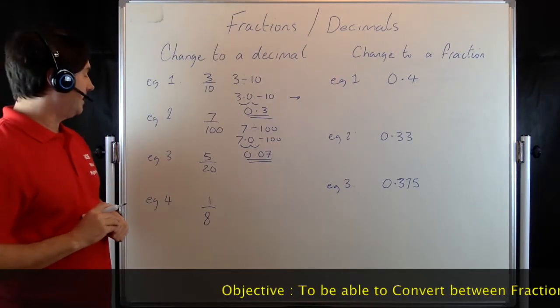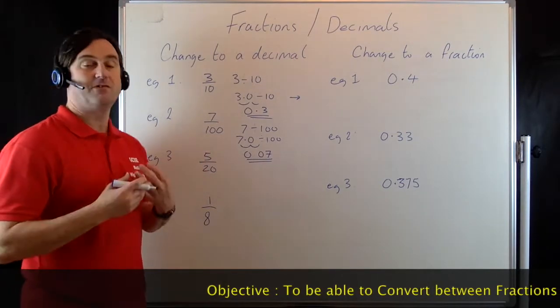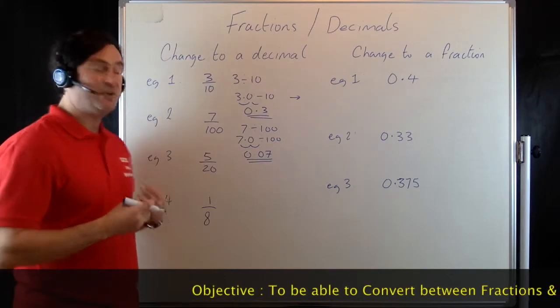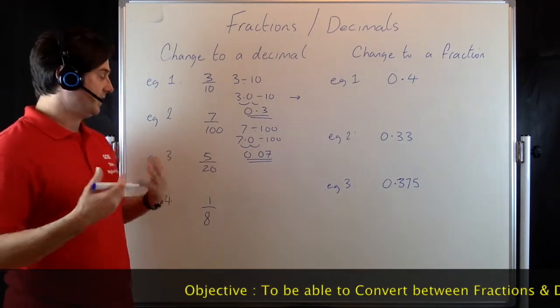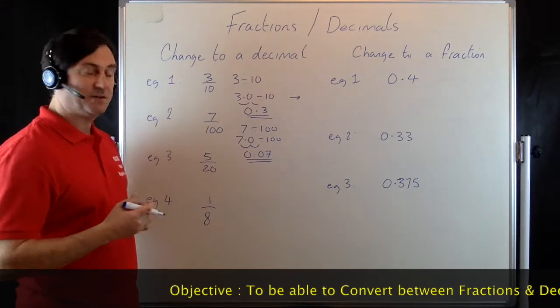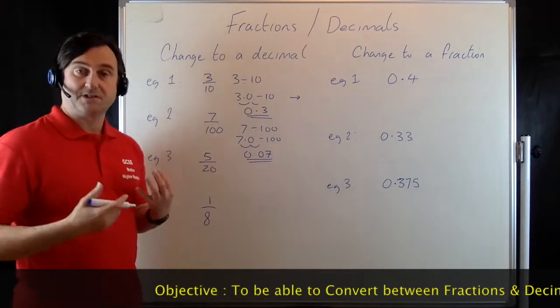Example 3, well 5/20, that's not got 10 on the bottom or 100 on the bottom or 1000 on the bottom. So in order to convert that, we need to make it out of either 10 or 100. Well, we can't make it out of 10 because if I divide both of these by 2, I'm going to get 2.5 on the top. I want to try and keep this as whole integers.